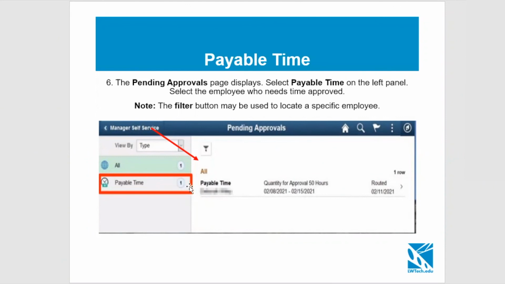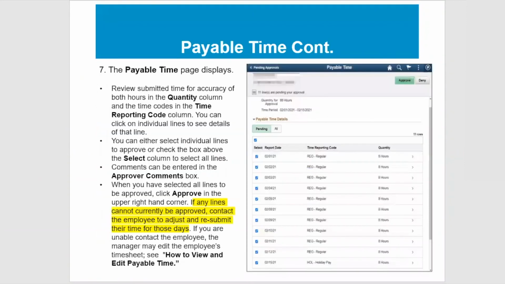And then you can select the employee who needs time approved. You can filter up here and actually search for specific employees, or all of them will list below. So the payable time does display for that employee, and this is what it's going to look like. It's going to show you their dates and their time worked. So this is an example.